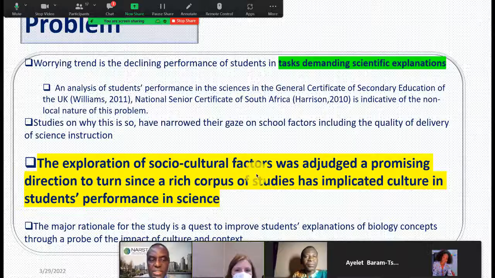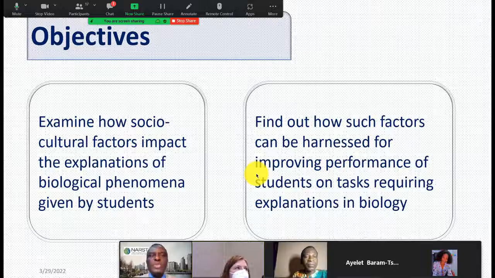And so we turned our attention to this, and that became the problem that we wanted to solve. We had two major objectives. We wanted to look at how socio-cultural factors impact explanation, not definition, not observation, but explanation of biological phenomena by students.